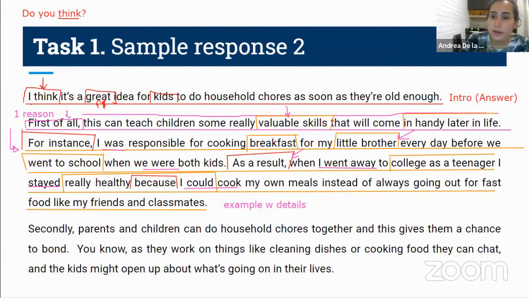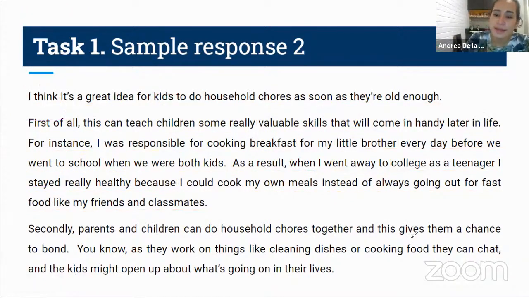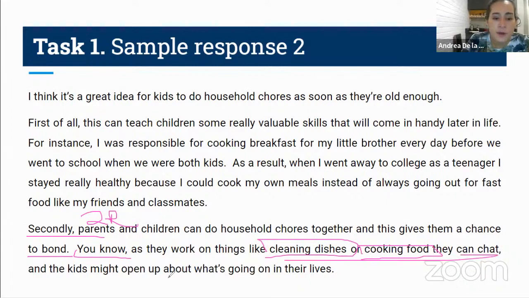Okay. Now he has a second reason and he has a second example, right? He says, secondly, parents and children can do household chores together, and this gives them a chance to bond. So he has a second reason, and he has a second, not example, but details, right? He says, as they work on things like cleaning dishes, these are details, cooking food, they can chat and the kids may open up about what's going on in their lives.